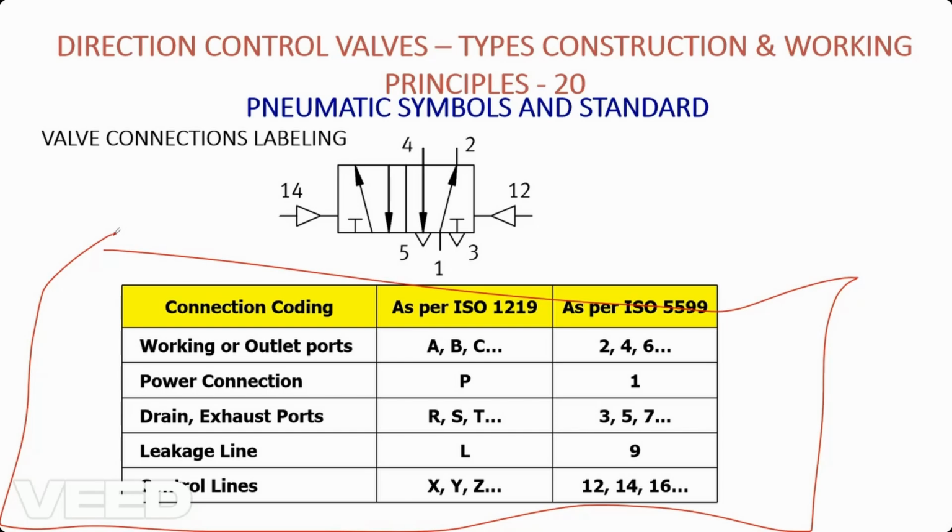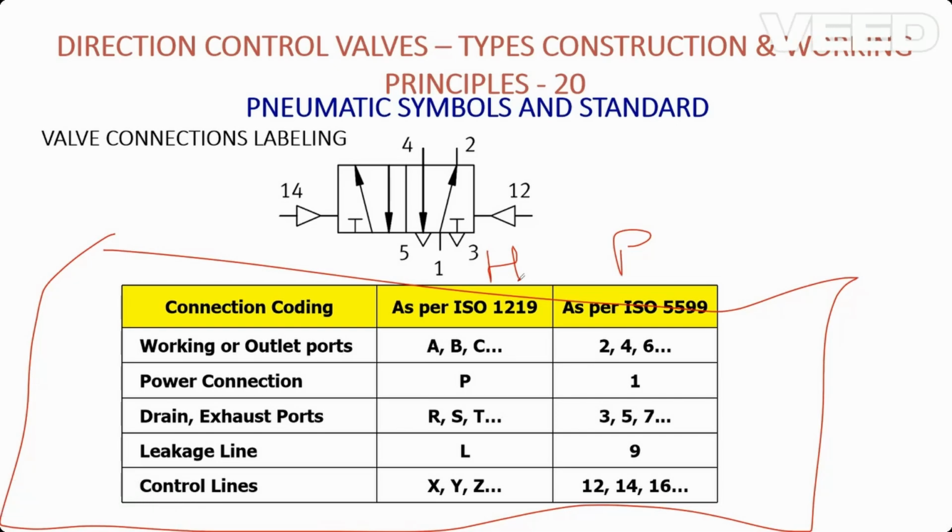Initially, before 2011, both standards were used by both pneumatics and hydraulics. But just for convenience, ISO 5599 is used for pneumatics, and ISO 1219 is used for hydraulics.